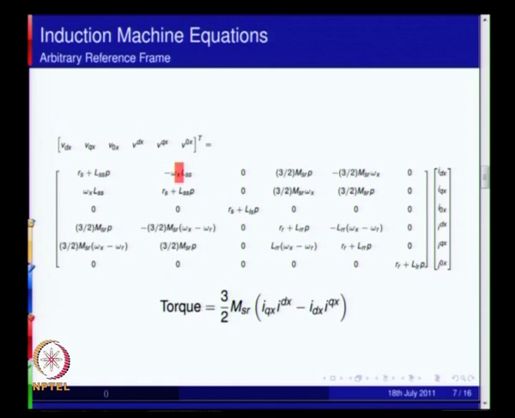Now if you remember the stationary reference frame equations, when we derived them, we talked about speed EMF terms which arise in pseudo stationary terms, that is, the alpha beta coils of the rotor, when they are referred to the stator, become pseudo stationary, and in those equations you had speed EMF terms appearing. Now this dx coil is also a pseudo stationary coil, and therefore it has a speed EMF term arising from all coils on the quadrature axis, which means the q axis.